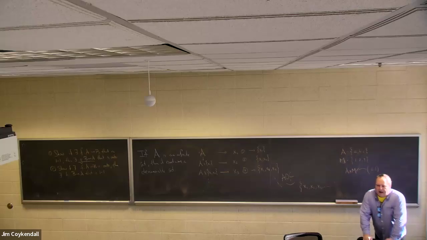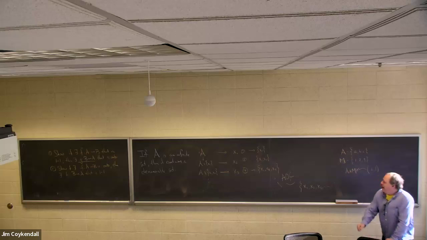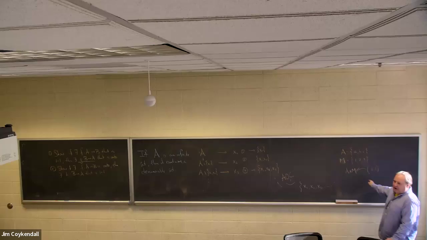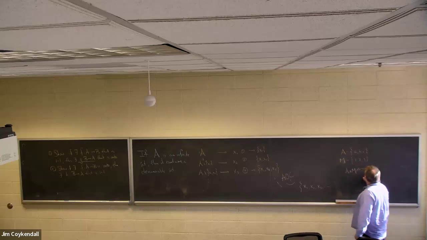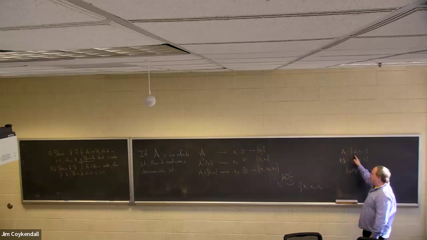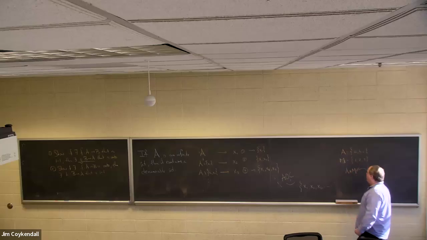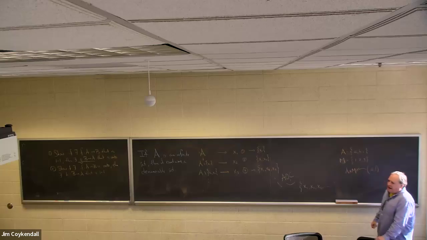An equivalent statement of the axiom of choice is that any Cartesian product of non-empty sets is non-empty. How did I make this choice? You all made it for me. You said, oh, I'll take a from here and I'll take the 1 here. If I've got infinitely many sets, how do you make that choice all at once?